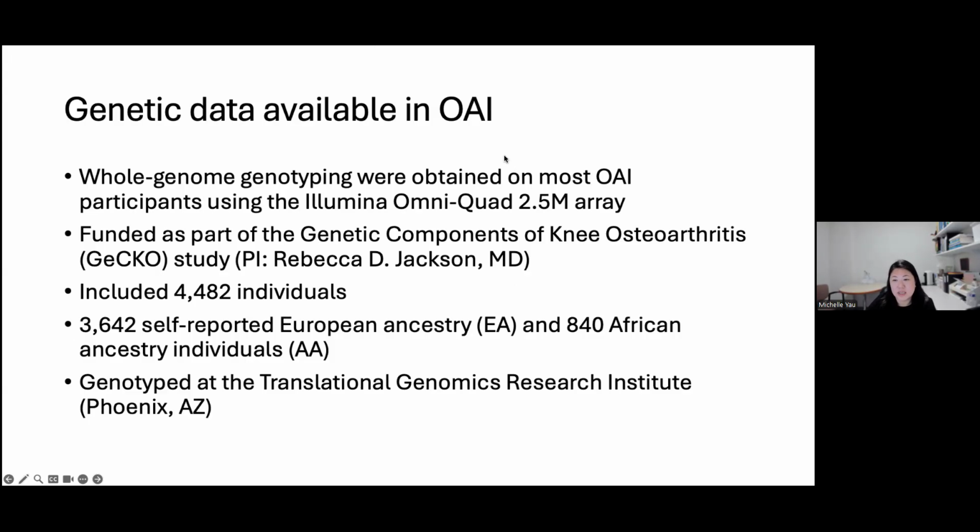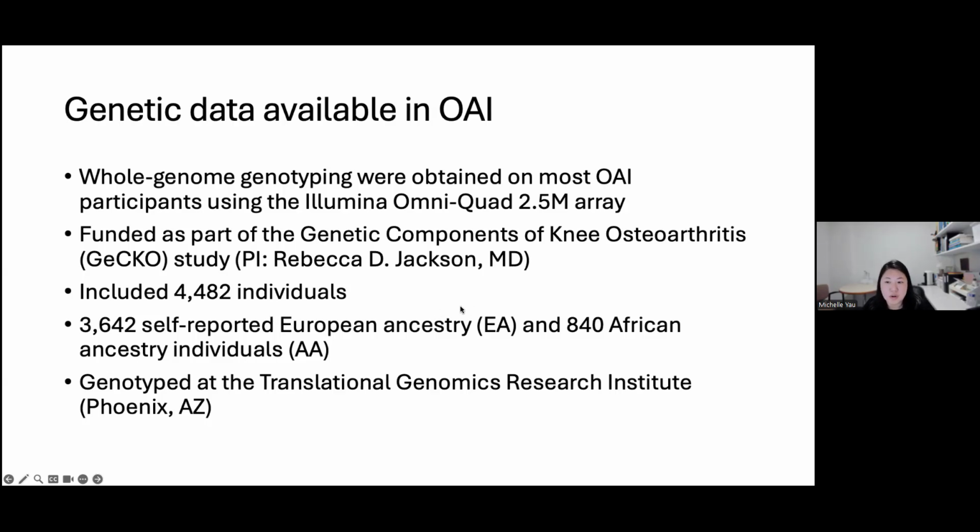It was obtained on most of the OAI participants using the Illumina OmniQuad 2.5 million array. This was part of an ancillary study called the Genetic Components of Knee Osteoarthritis, the GECKO study, which was led by Dr. Rebecca Jackson. It included over 4,000 individuals, most of which are European ancestry.